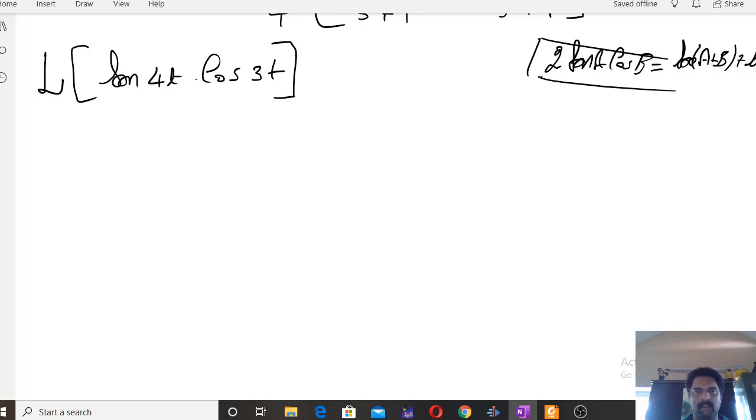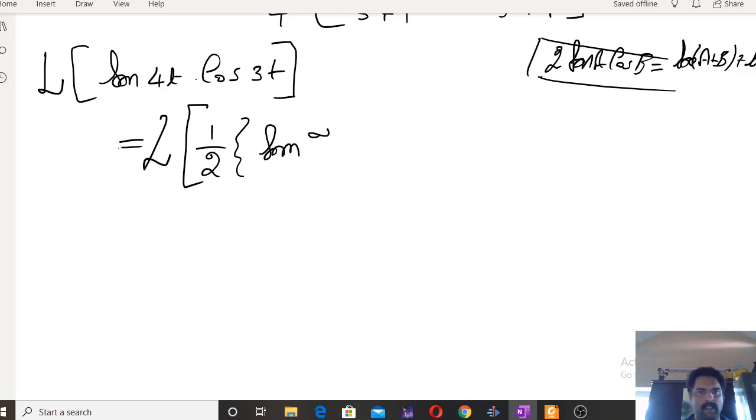So from this expression, we have the Laplace transform of an expression of the form sin a cos b. So there is a 1 by 2 into sin(a plus b), sin of 4t plus 3t, that is 7t, plus sin(a minus b), sin of 4t minus 3t, that is t.